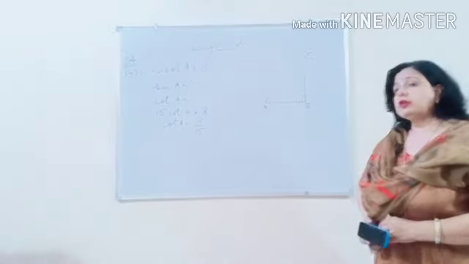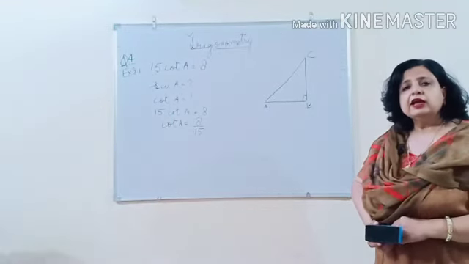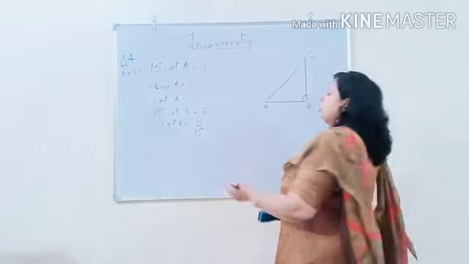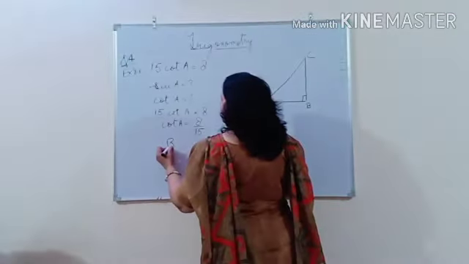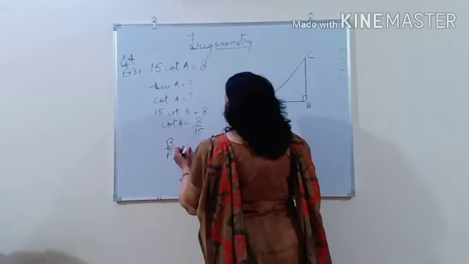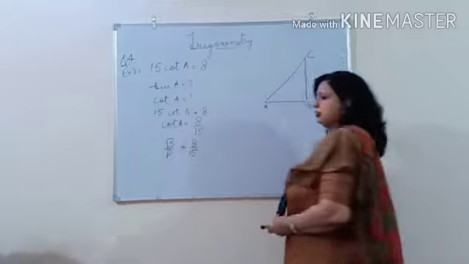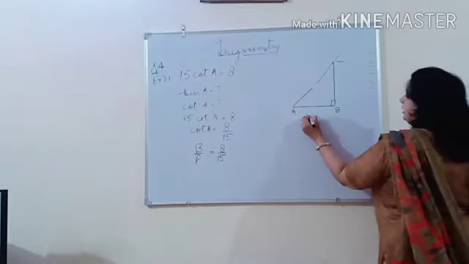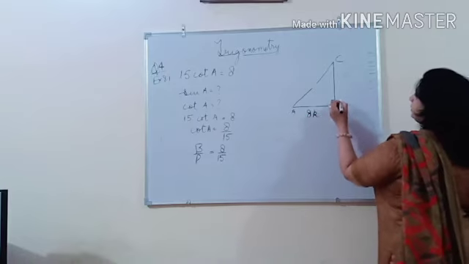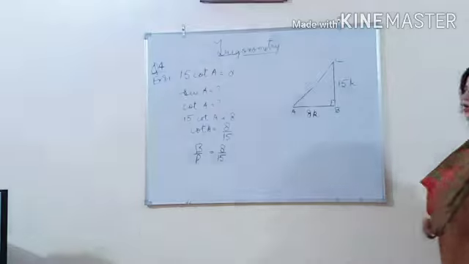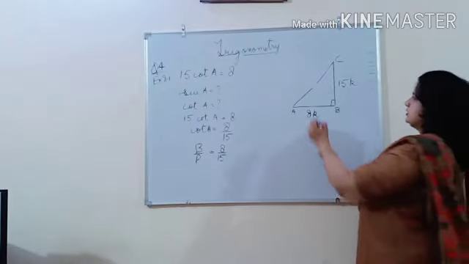Now cot is the inverse of tan, and tan is P by B, perpendicular by base, so cot will be base by perpendicular. Base by perpendicular is 8 by 15. It means that base is 8K and perpendicular is 15K. We are taking a constant K because these are the ratios.